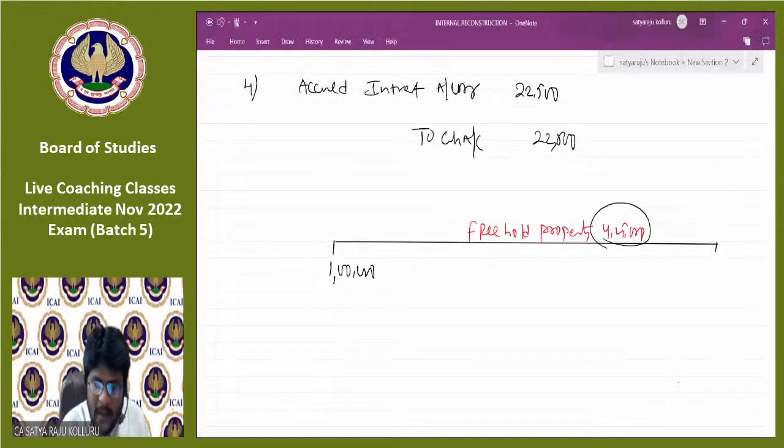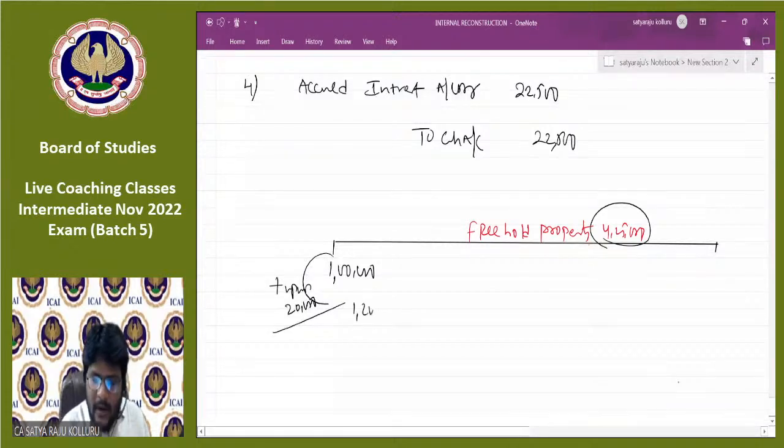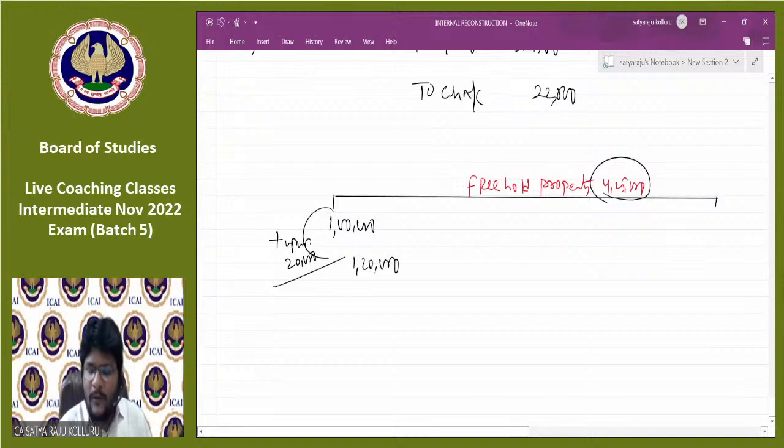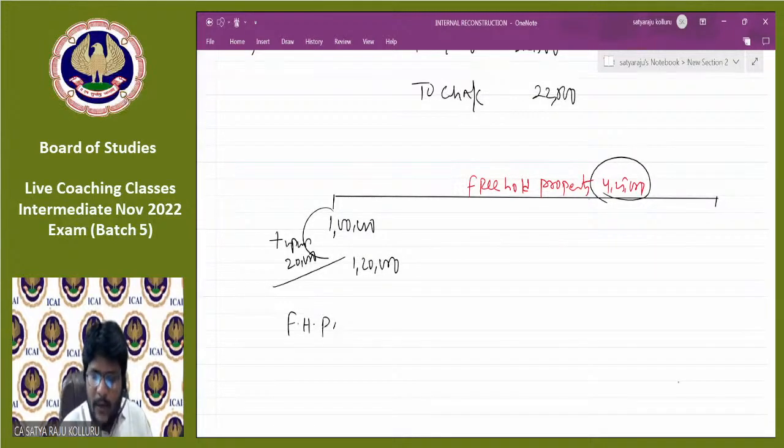That means 1 lakh, if you go for revaluation, which was an upward revaluation of 20,000, then it will become 1,20,000. Can you please tell me, all of you, for an asset which is upward revalued, the entry is freehold property account debit to reconstruction account.